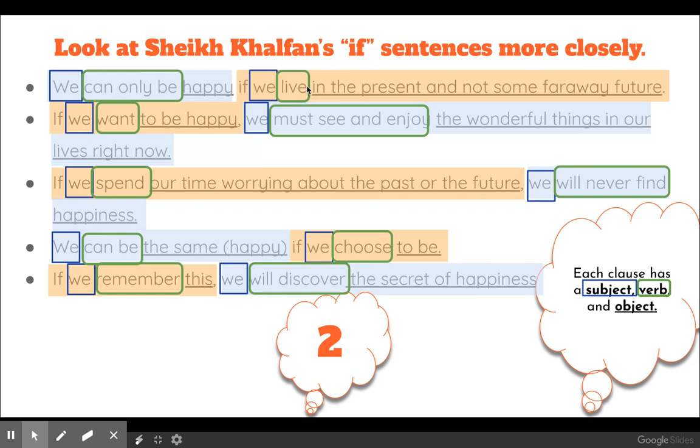So each one of these is two clauses held together with the if, this little tiny if that tells us these two clauses go together. They have a relationship with each other. So that's the first thing to remember. Each clause must have a subject, verb, and object.